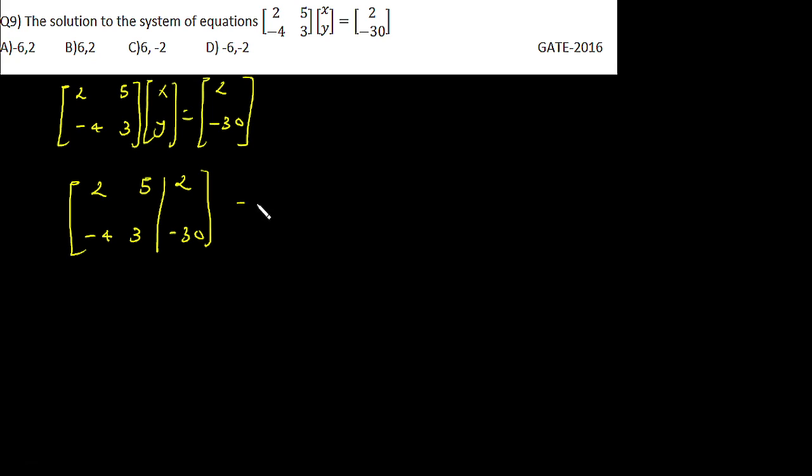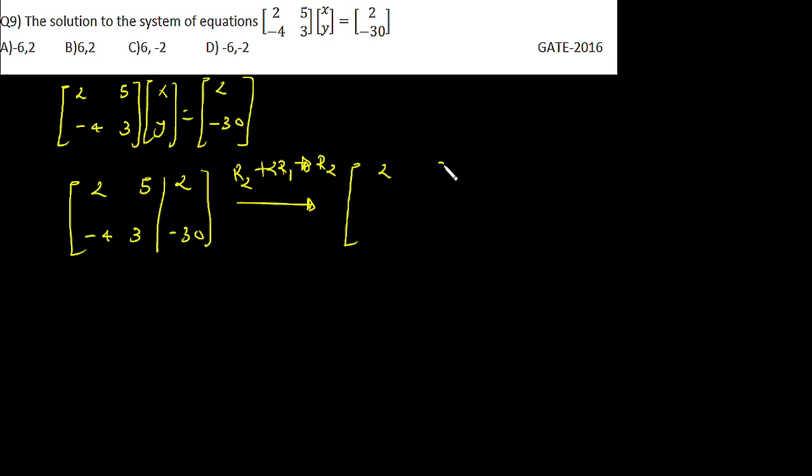Okay, let's reduce this matrix into echelon form such that we can find the values of x and y easily. So first of all, let's multiply the first row by 2 and add it to the second row. So r2 plus 2r1 gives the new r2. Let's perform this operation.